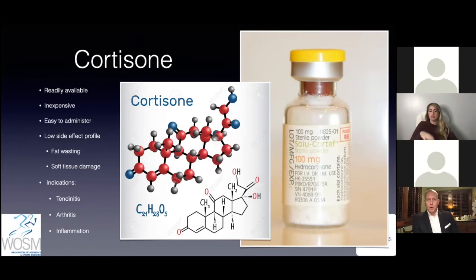Cortisone for this purpose is readily available. It's inexpensive. It's easy to administer. It's been around for a long time. It has a relatively low side effect profile. It can cause some local problems with the soft tissue, and too much cortisone in the same spot can cause some problems. So you have to be judicious about its use. And it can be used for things like tendinitis or arthritis or generalized inflammation.